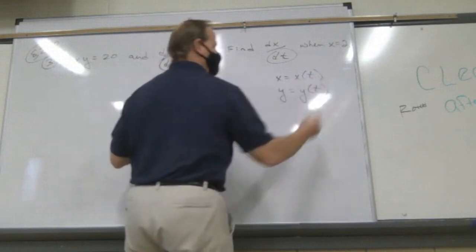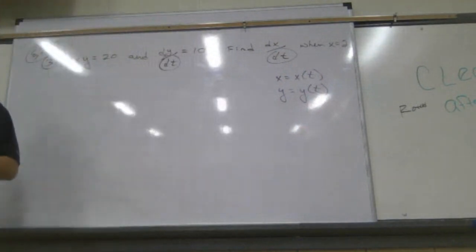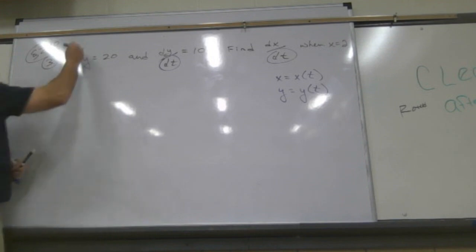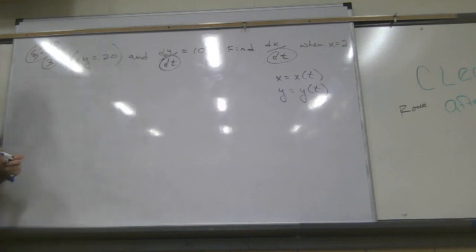So x could be t cubed plus 2t minus 3, and y could be the cube root of t, something like that. Anyway, the first thing I'm going to do is take the derivative of both sides with respect to what variable? t. Correct, d/dt of both sides.